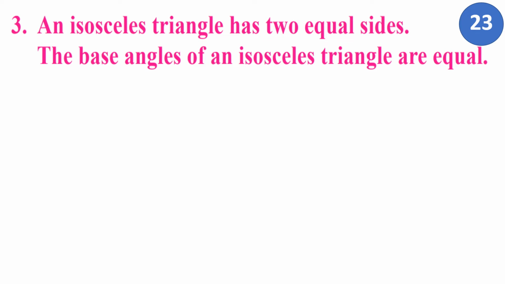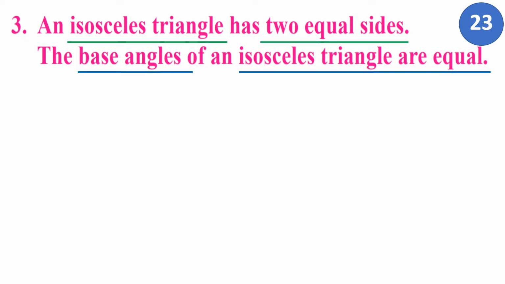Number 3. An isosceles triangle has two equal sides. The base angles of an isosceles triangle are equal. Here, in the isosceles triangle, we have two equal sides, and the base angles are equal.